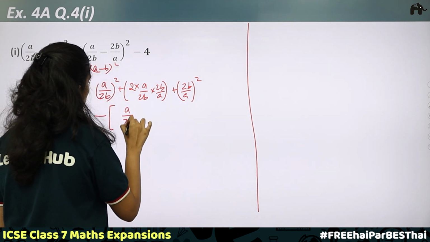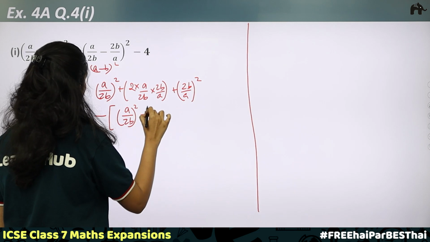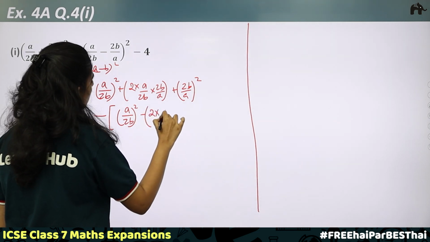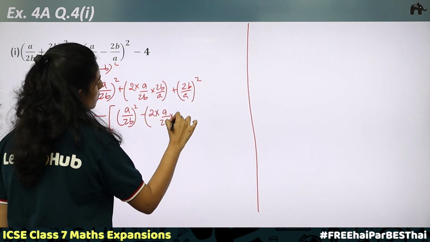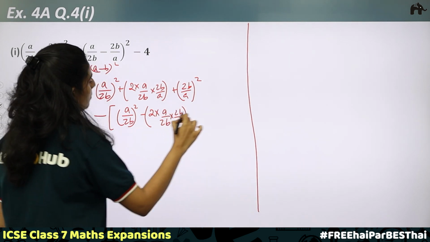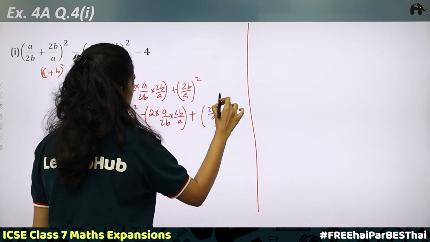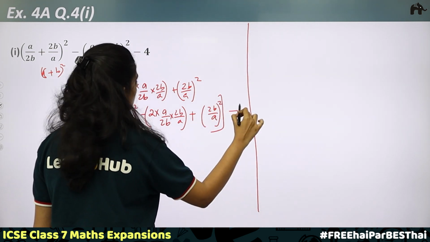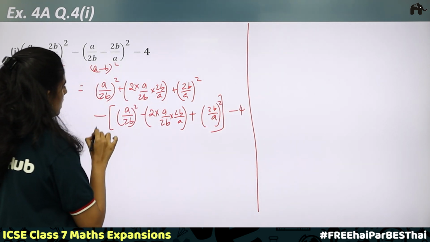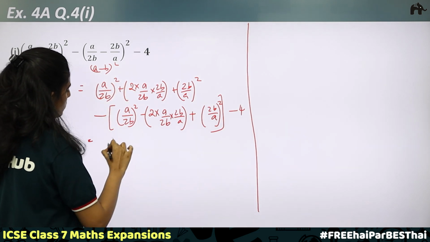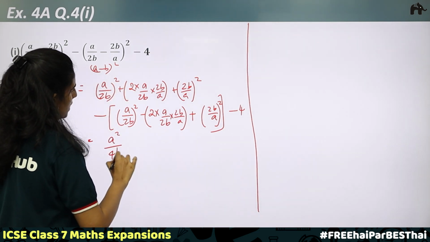So, A by 2B whole square minus 2 into A by 2B into 2B by A plus 2B by A whole square minus 4.